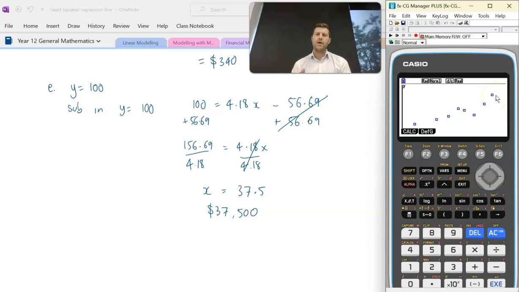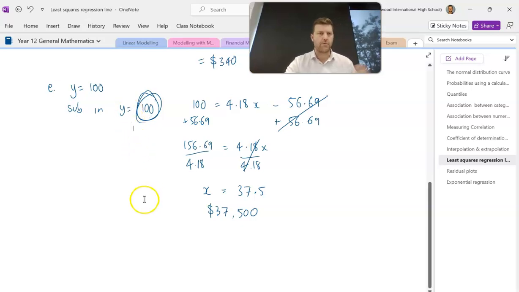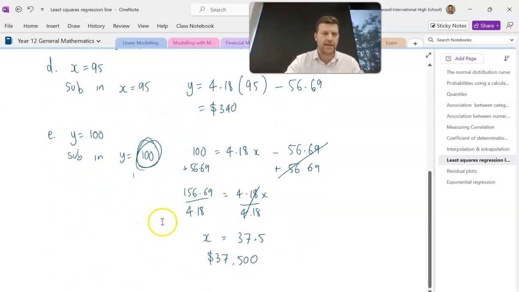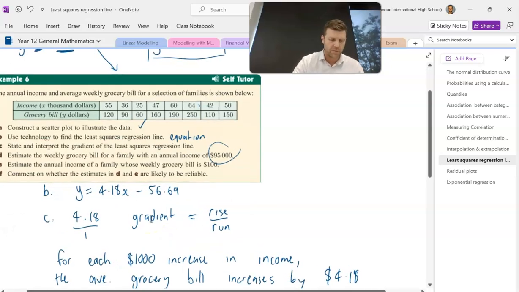It's important that when we're trying to predict a value based on this least squares regression line, or line of best fit, it falls in between those two poles, the interpolation that we've spoken about before. So 100 does fall in the range. So the answer to E is reliable because of interpolation. It falls within those ranges.